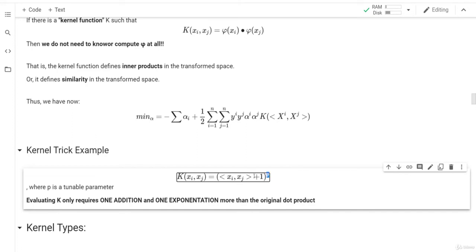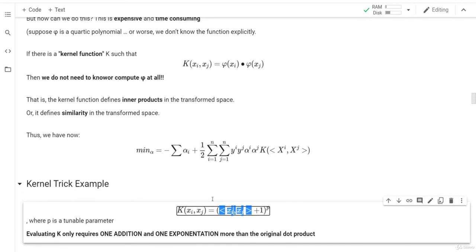We will have some number here, and then we will add 1 to this number. Let's say that this number now is 4. So 4 plus 1 is 5. And then let's say p equals 2. So it will be 5 to the power 2, which is 25. So we didn't need any extra calculations other than one addition and one exponentiation. So this is the kernel trick.